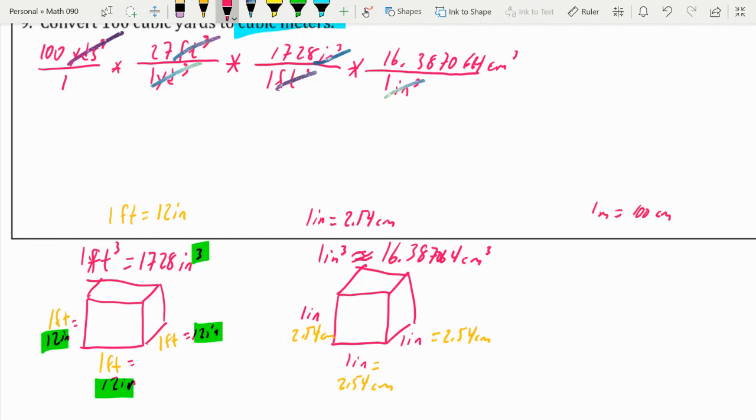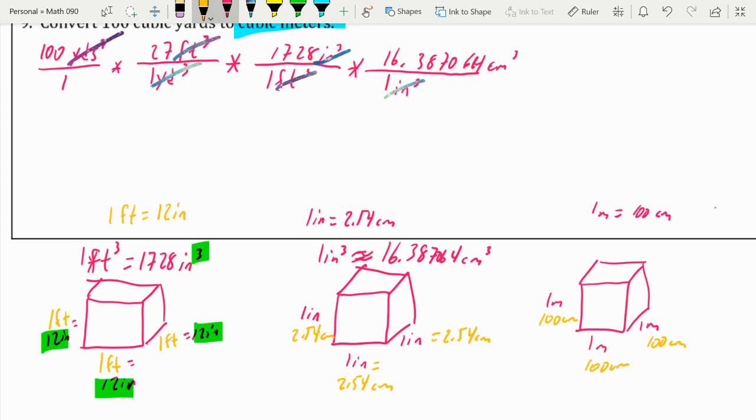You ready for this? Another box. You'd think by now I'd be able to draw them better. So I have 1 meter there, 1 meter that way, 1 meter that way. And I know it's equal to 100 centimeters, 100 centimeters.